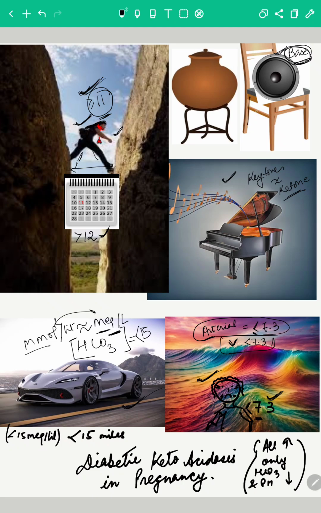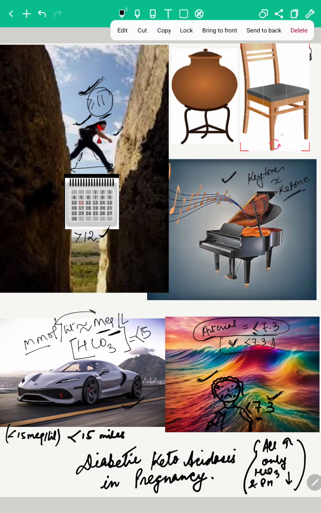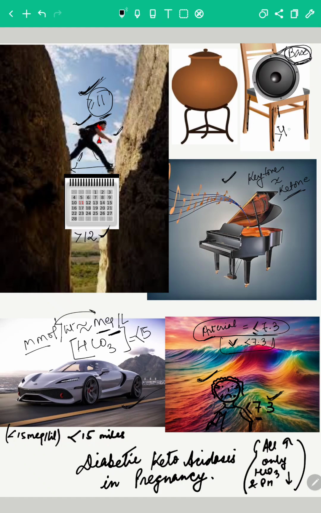And if you can see the four legs of this chair, then you can understand that the base deficit is more than or equal to 4. Here the unit is milliequivalents per liter. So it is more than or equal to 4.